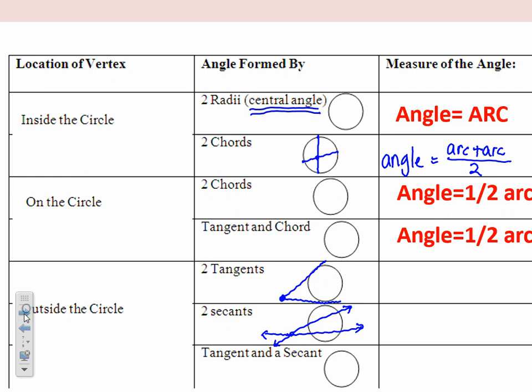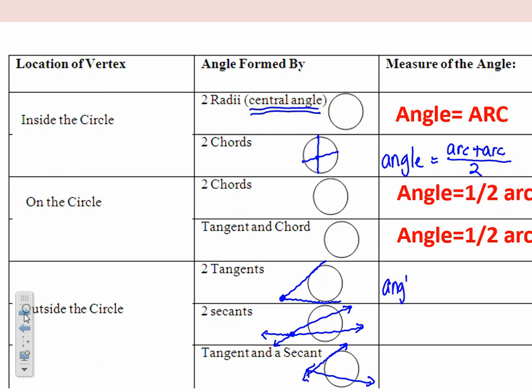There we go. And that vertex is outside the circle. Tangent and a secant. So here's a tangent line. A secant line is a line that goes all the way through the circle, so maybe like this. The pictures will help you figure out what's happening in the diagram, but the formula for each and every one of those is the same.